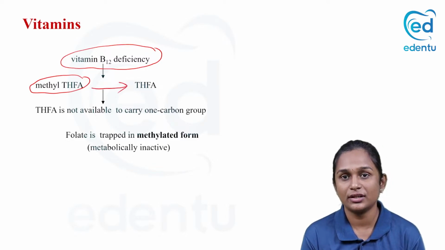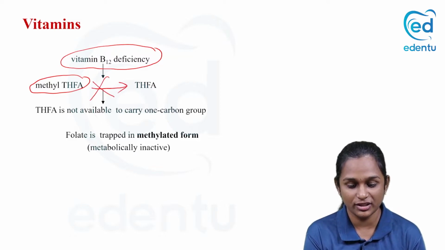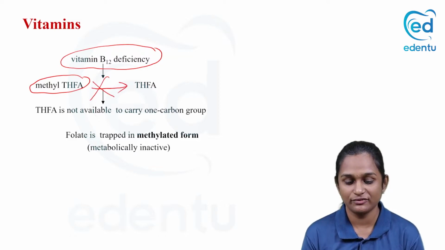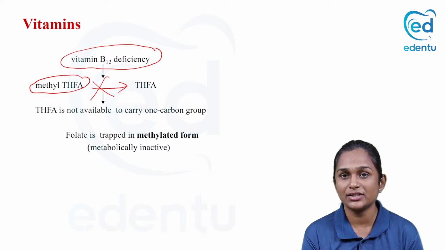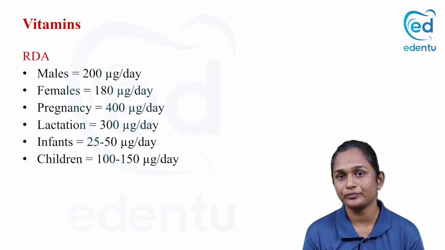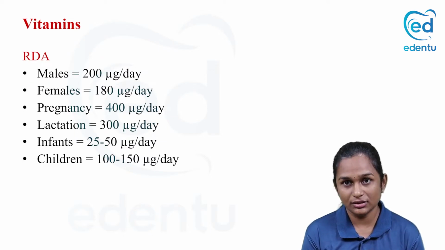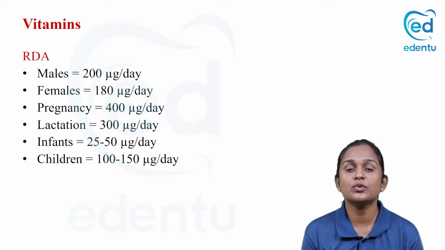Tetrahydrofolate is not regenerated when vitamin B12 is deficient. So tetrahydrofolate is not available to carry the 1-carbon group. It is trapped as the methylated form. That's why we usually supplement both vitamin B9 and B12 together.